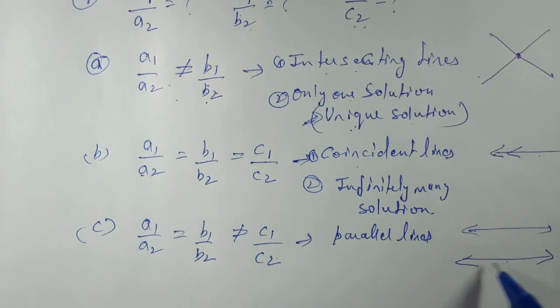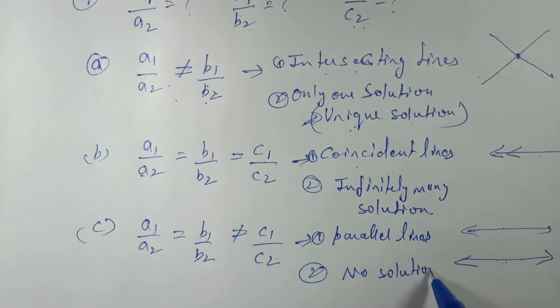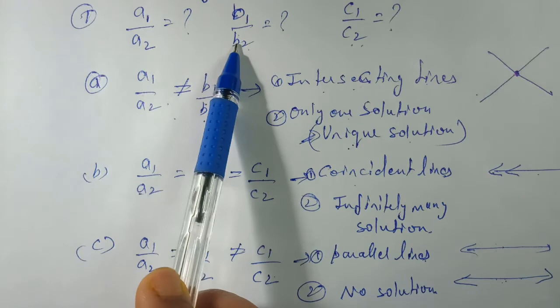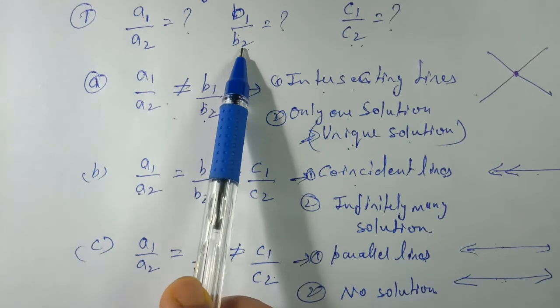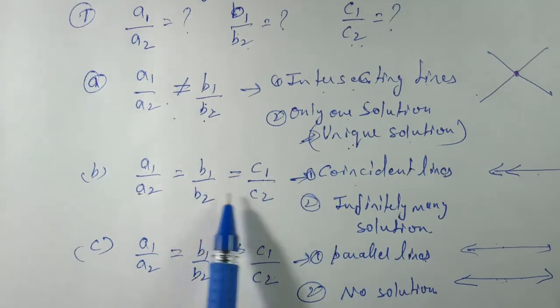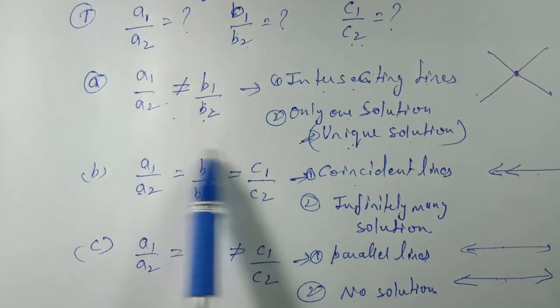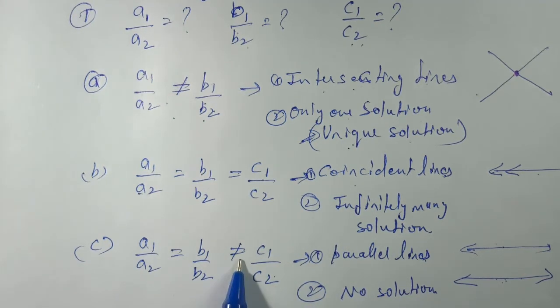They will not intersect each other at any point, and if they do not intersect, then there is no solution. Again, if the first two are not equal, there is no need to compare the third one. If the first two ratios are equal, then compare the third one. If it is equal, all three are equal, then lines are coincident, meaning infinitely many solutions. If the third one is not equal, lines are parallel and no solution is there.